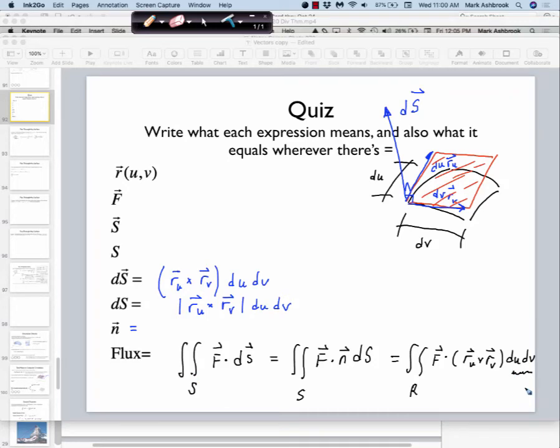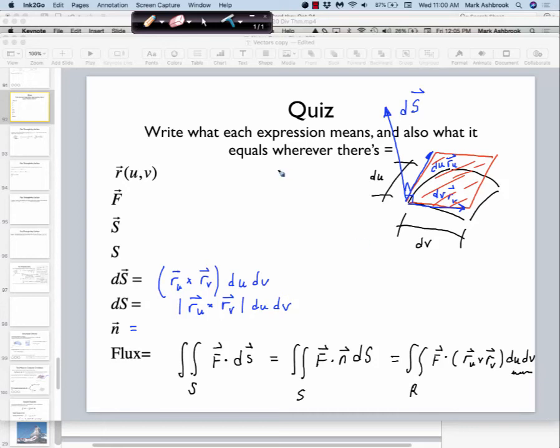If U and V are spherical coordinates, phi and theta, we don't have a phi theta plane necessarily, but it's still the same idea: it's the corresponding projection of that into this coordinate system U and V. Yeah. So this is when we're getting ready to solve it as a standard double integral.